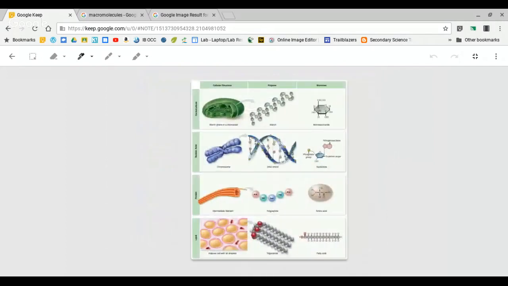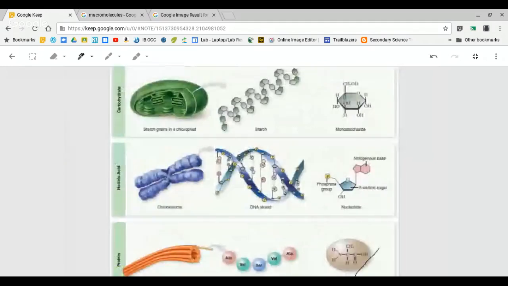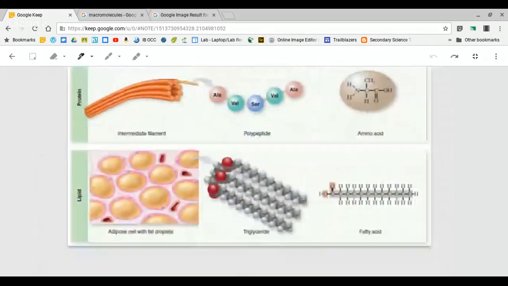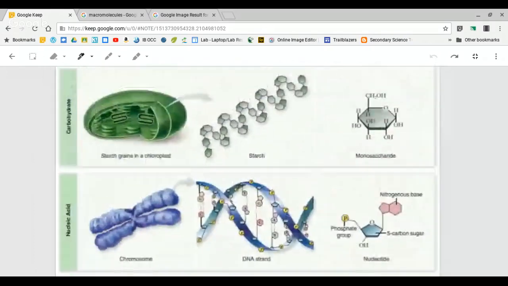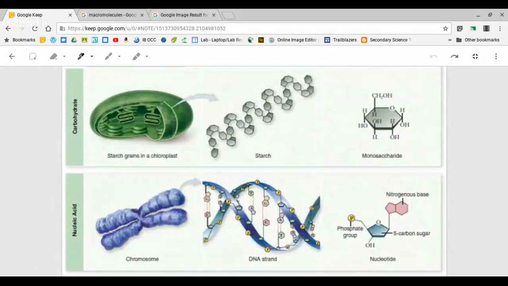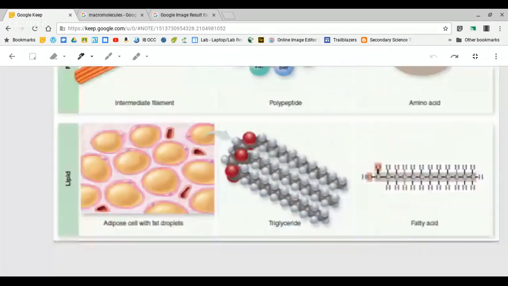So you can see on the right here, monomers include fatty acids, nucleotides, saccharides. Polymers are anything bigger, like triglycerides, polypeptides, DNA, and starch. So when it gives you the options, triglycerides is not an option because that's a polymer.